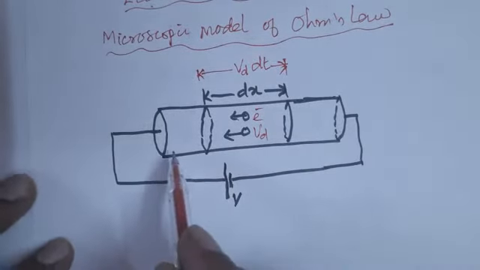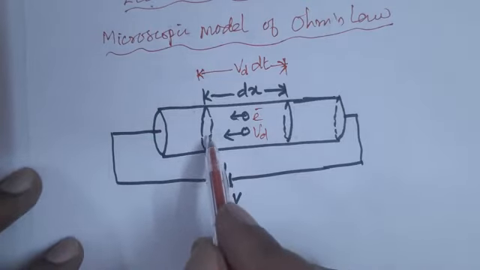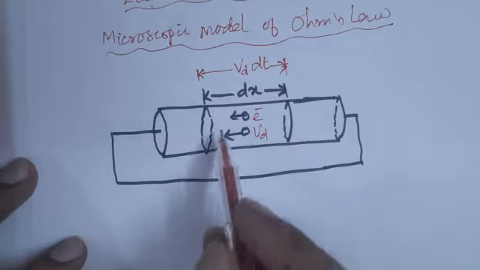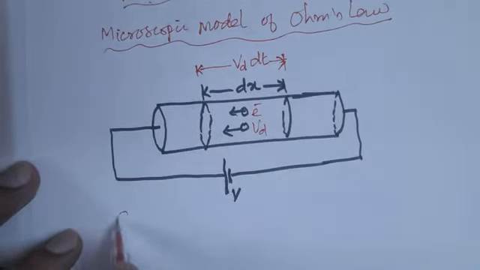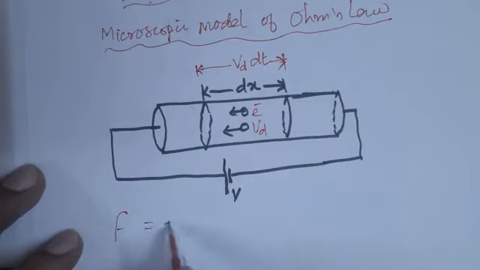That electric field gives rise to a force on the electrons. So the force exerted on the electrons by the application of field E is charge of electron into electric field.